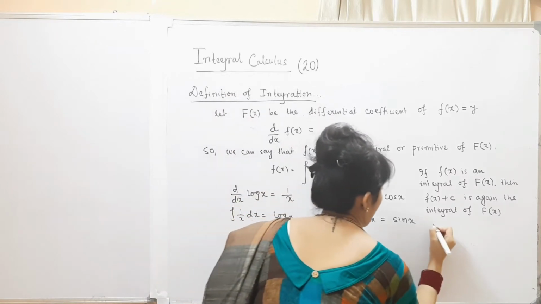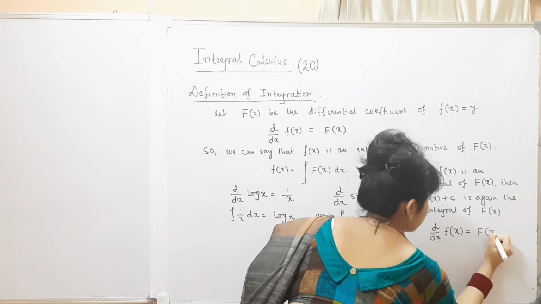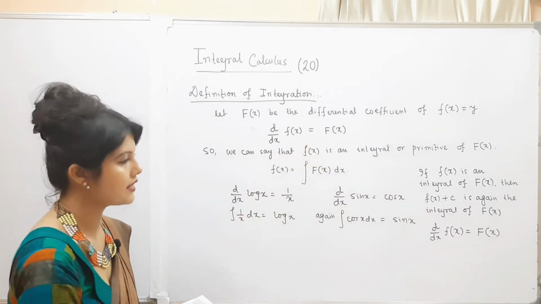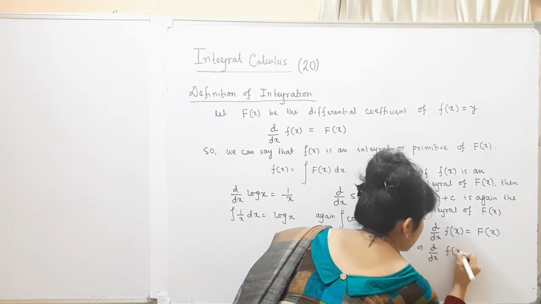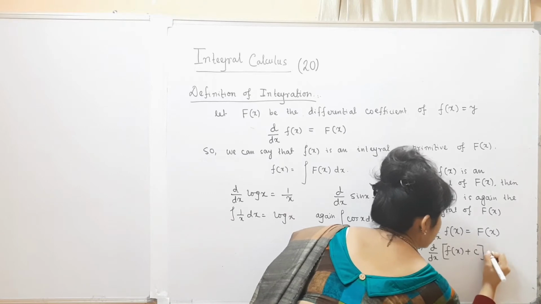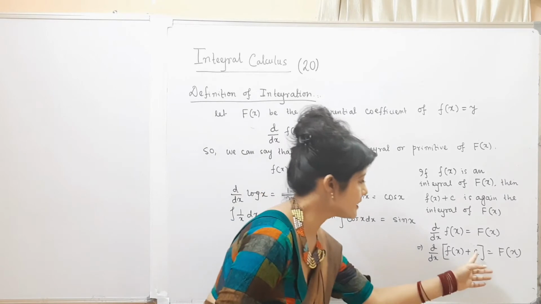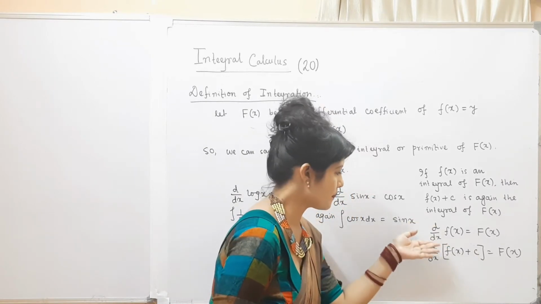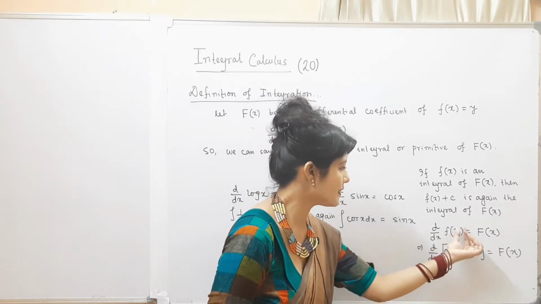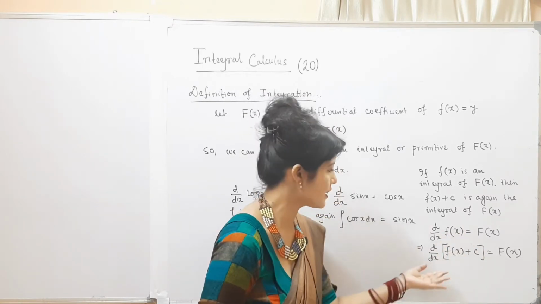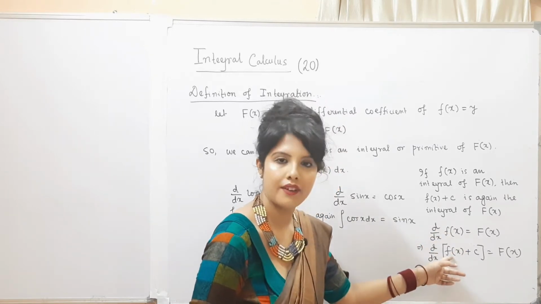You all know that d/dx of small f of x equals capital F of x. I have already discussed it. Now again d/dx of f of x plus c equals capital F of x, because c is a constant, and the d/dx of any constant is 0. So both expressions have the same meaning.